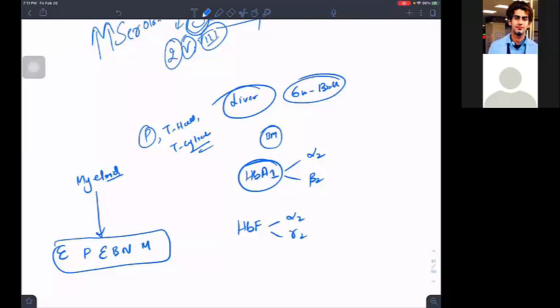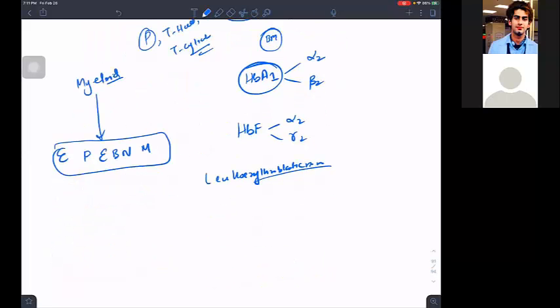What is leukoerythroblastic reaction? Leukoerythroblastic reaction means when there is shifting towards the immature cells, leukoblastic and erythroblastic.